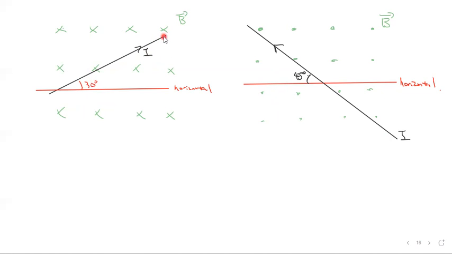Now, the magnetic field is going into the page, and the current is going diagonally up the page. So if you try to use your right-hand palm rule on this question, you're just going to need to make sure that your fingers are pointing into the page, as usual. Your thumb is pointing diagonally across.